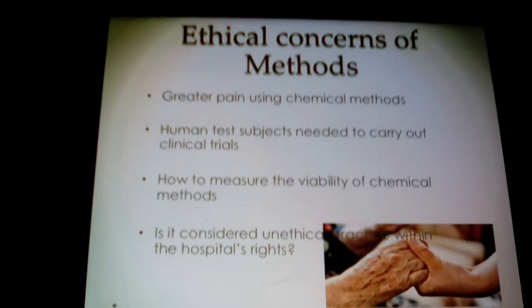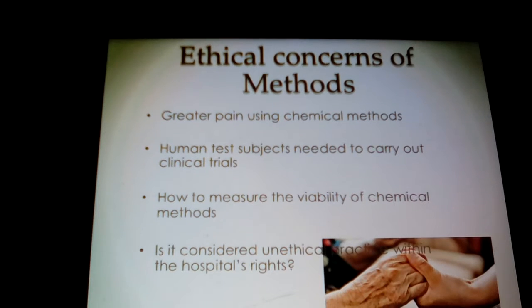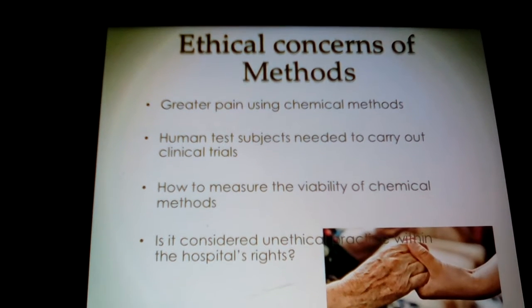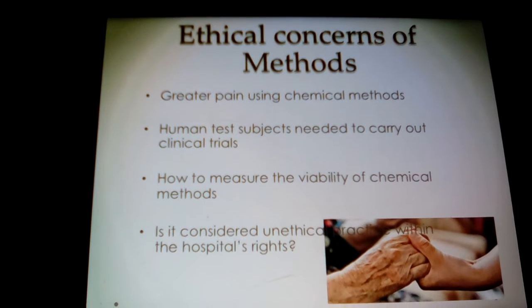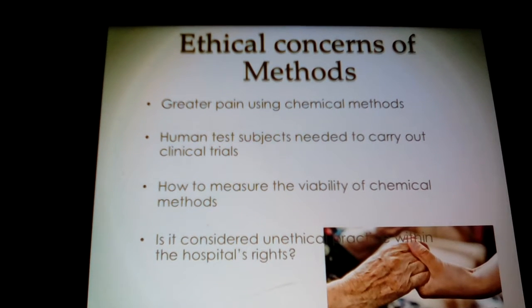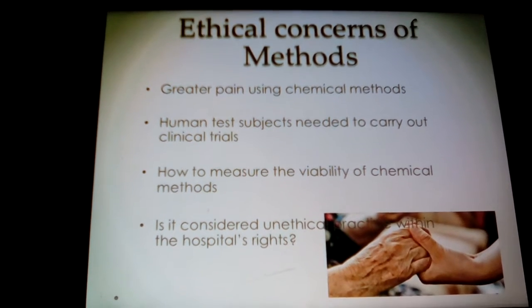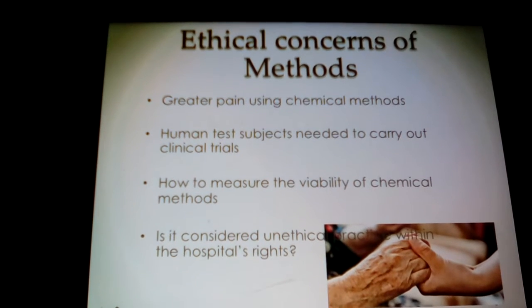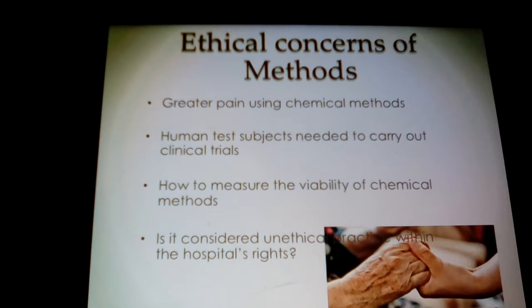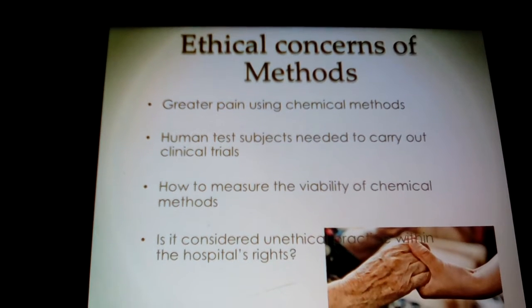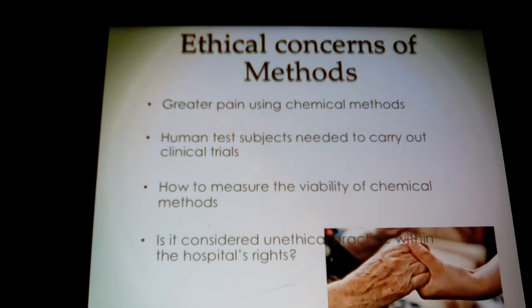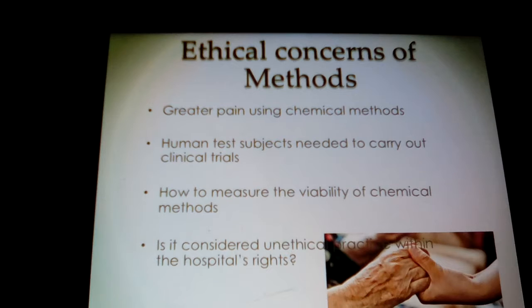So a lot of ethical concerns surround these methods. Specifically for methods that we see in the laboratory, the concerns are around the pain that is caused, because euthanasia is centered around pain-free assisted suicide. Any type of pain that is given during chemical methods would not be an experiment or a drug that would move forward into clinical trials.